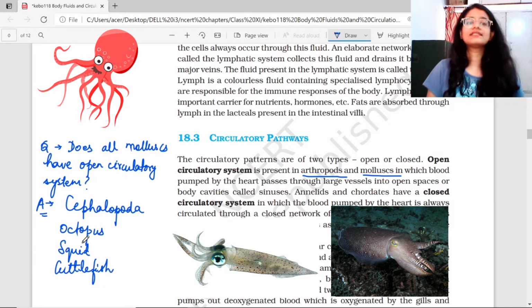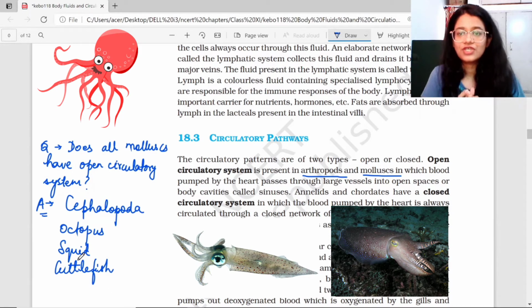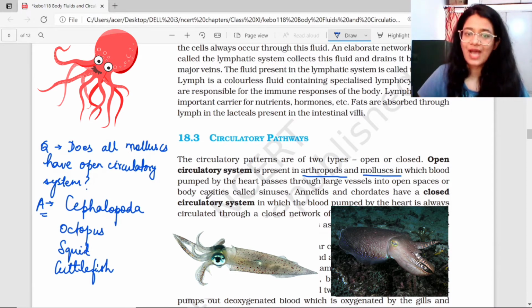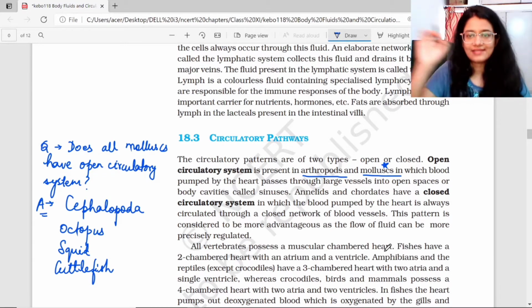These are some examples of class Cephalopoda, in which they have a closed circulatory system despite being from the phylum Mollusca. So here there is an exception which you have to take care of. And remember, even in the animal kingdom chart which is given at the end of the chapter, you can mention that this is an exception.